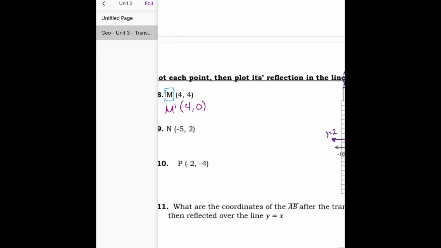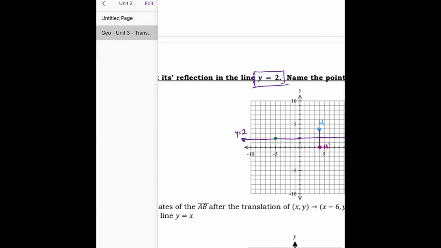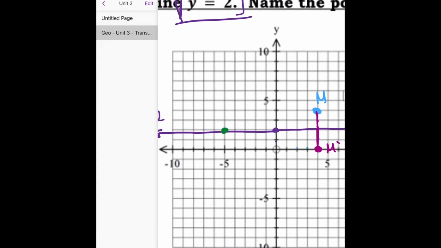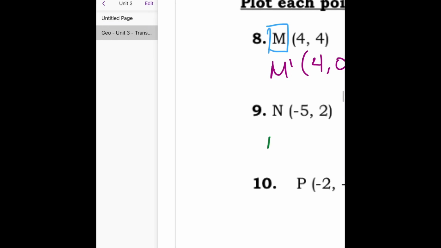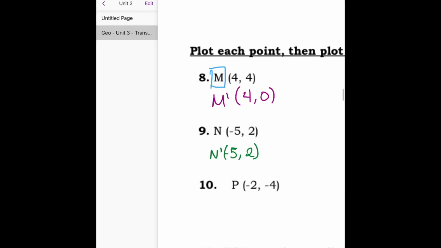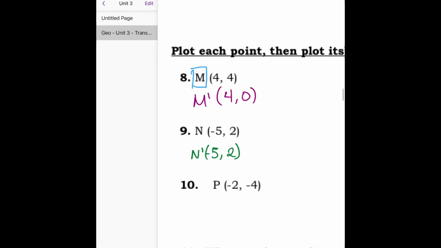Notice how it is on the line, so reflecting it will not change it. I can apply that same logic of counting that I did for point M to point N, because I ask how far away point N is from the line. Well, it's 0 away. Therefore, it won't change. So my N prime is also -5, 2. It is on the line of reflection.